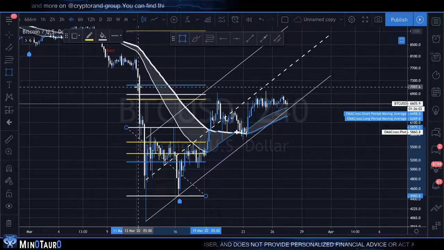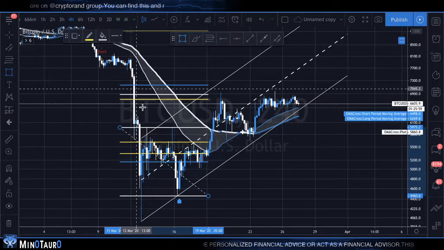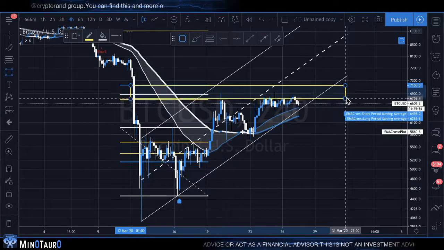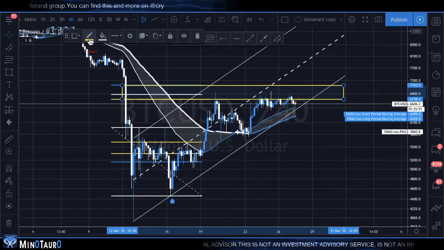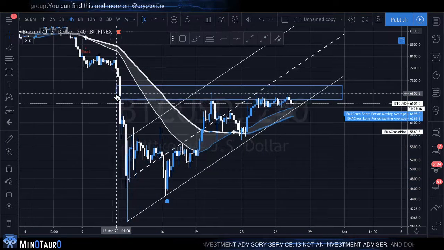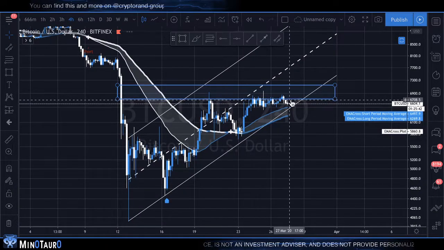This is the 161. Okay, 161. Okay. Blue. And is our resistance since forever.